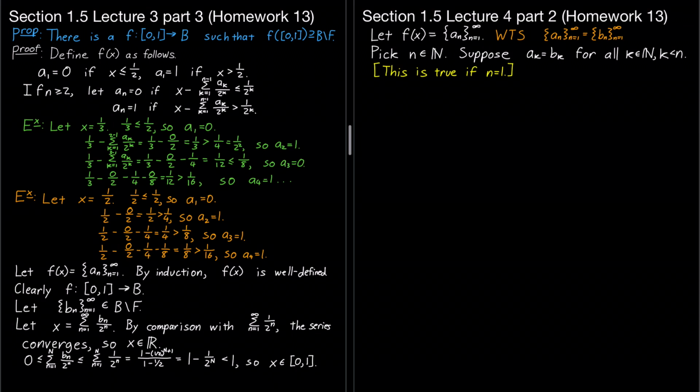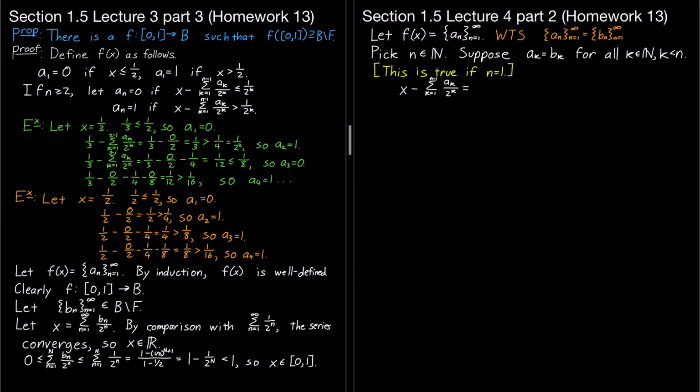And then let's write out this difference: x minus the sum from k equals 1 to n minus 1 of ak over 2 to the k. And I didn't say this explicitly, but if n is 1, our top index is 0. If we're summing from 1 to 0, the convention is that's the empty sum, so you're not summing anything, so that's 0.